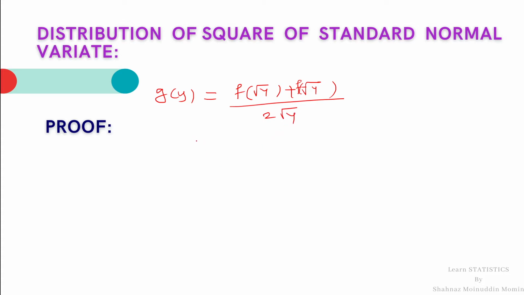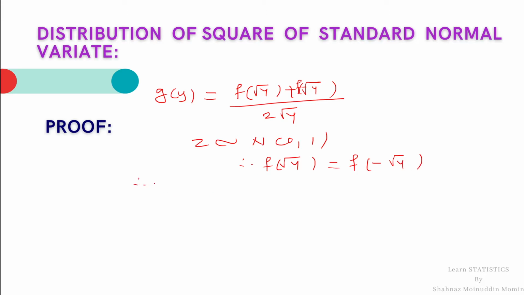We know that since z is a standard normal variate, it is symmetrical about 0. So therefore f of under root y is equal to f of minus under root y.